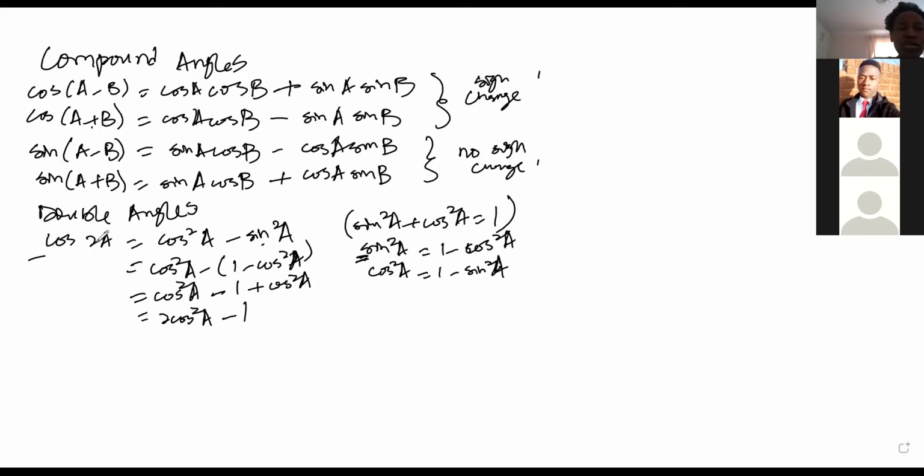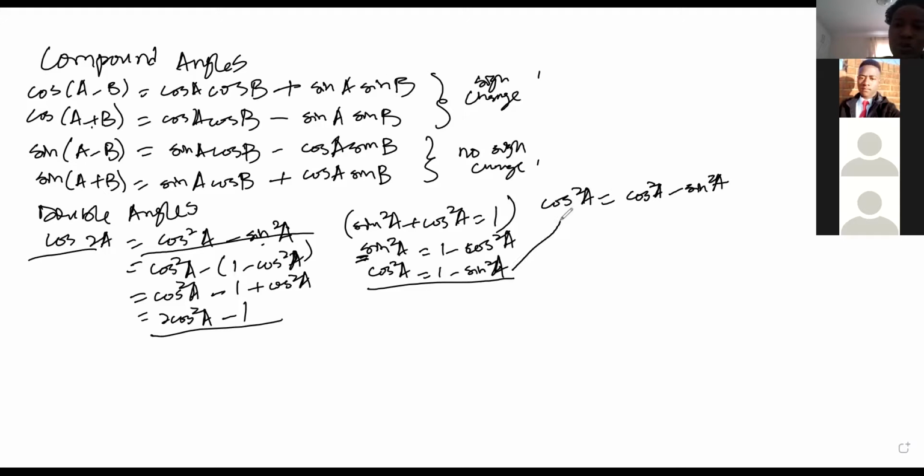So cos 2A can be cos squared A minus sin squared A, or it can be 2 cos squared A minus 1. Or we can replace cos squared A, which is 1 minus sin squared A, minus this sin squared A that was here.